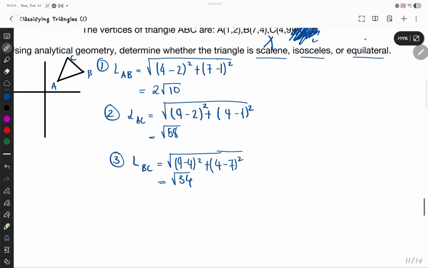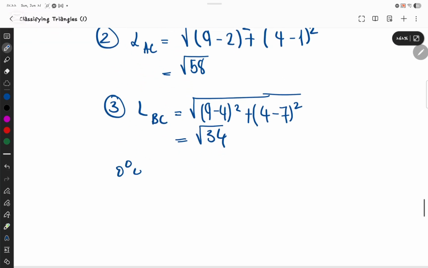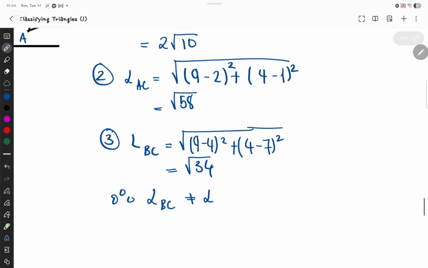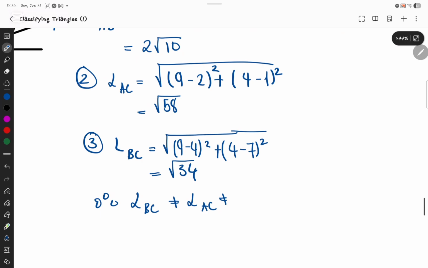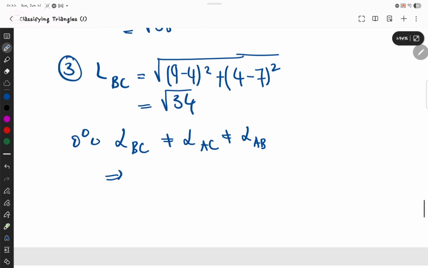And we can see that these lengths are not equal. Therefore, because the length of BC is not equal to the length of AC, and it's also not equal to the length of AB, the triangle ABC is scalene.